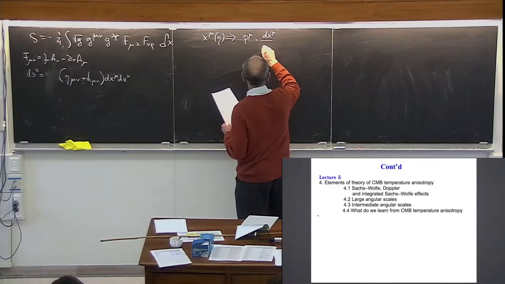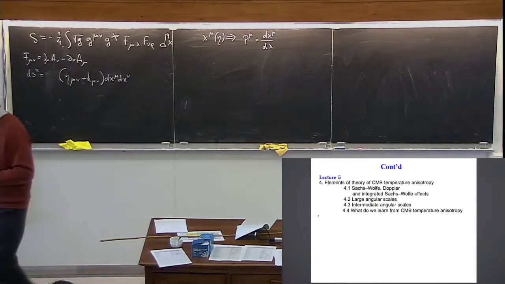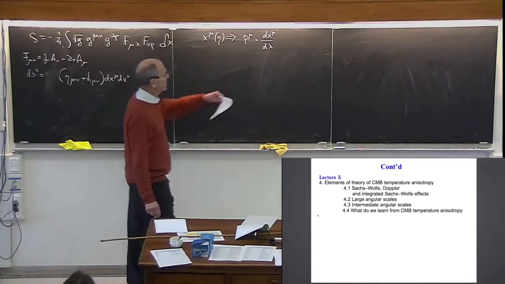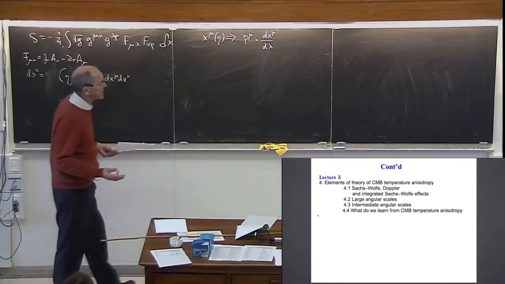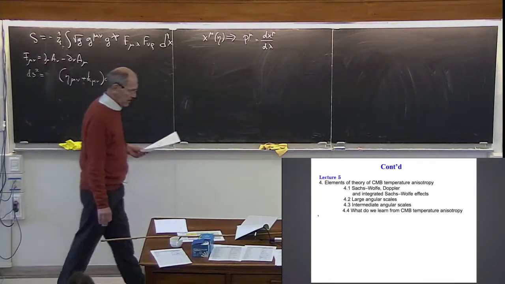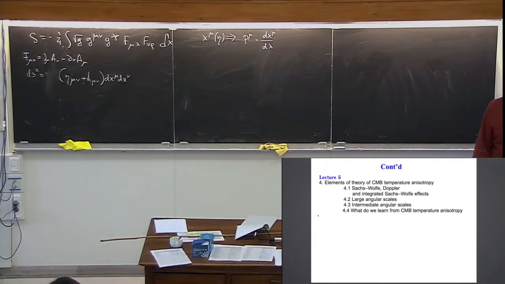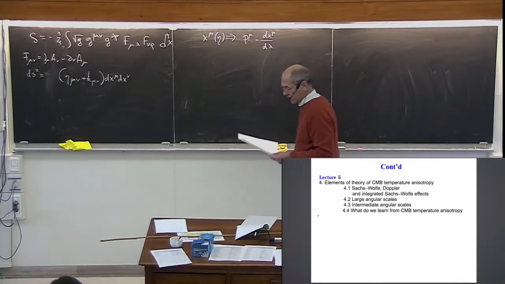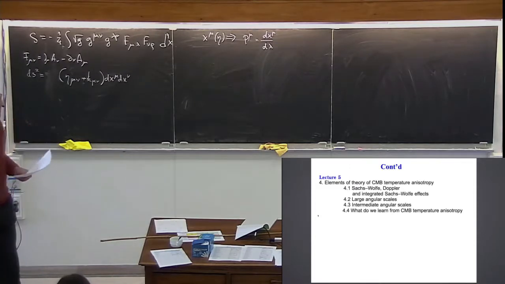You can introduce the affine parameter λ in such a way that this is the photon momentum. For momentum, it's not velocity here. λ is not s. It's not the time, the interval along the trajectory, because the photon is massless, and therefore ds is equal to 0. It's just a parameter along the trajectory, and you choose it in such a way that this is the momentum.